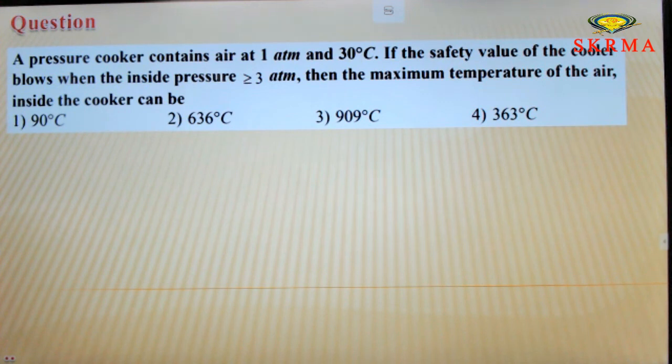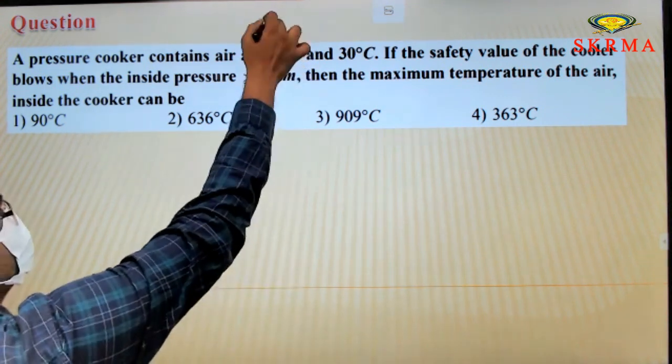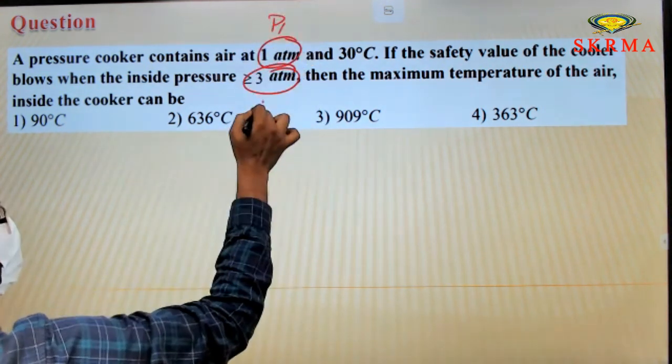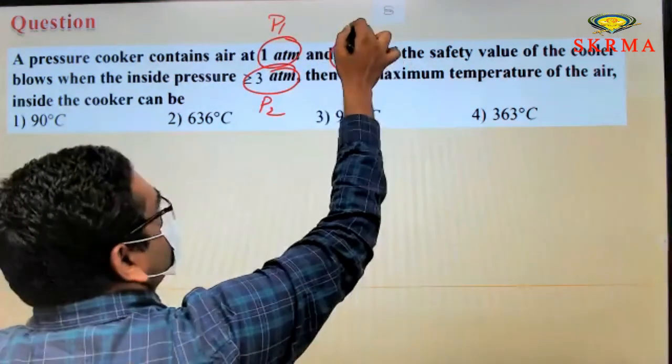Next, the pressure cooker contains 1 atmosphere at 30 degrees centigrade. If the safety valve of the cooker blows when inside pressure is greater than 3 atmosphere, then maximum temperature of the air inside the cooker. So this is P1. This one is P2. Here is temperature T1.